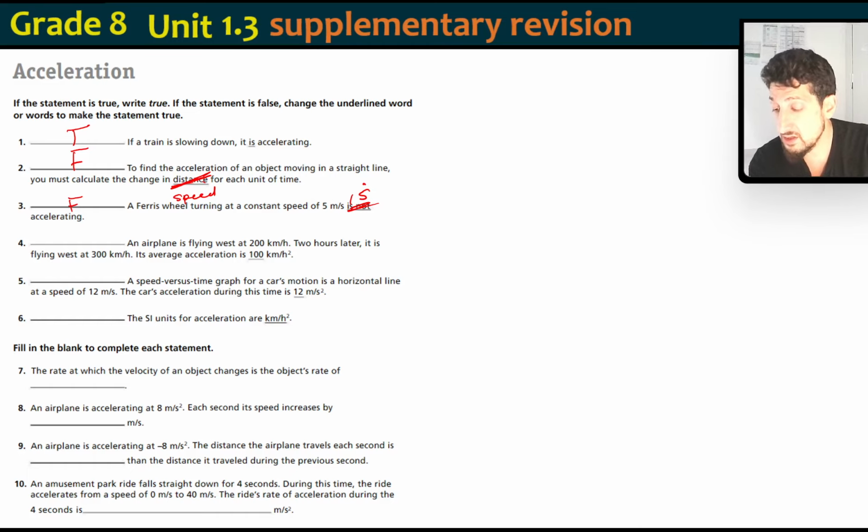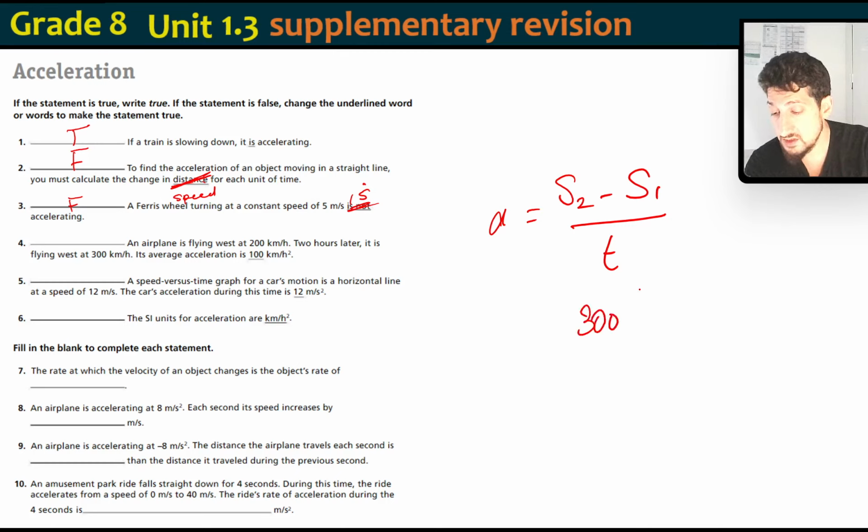Right, number 4. An airplane is flying west at 200 kilometers per hour. 2 hours later, it's flying west at 300 kilometers per hour. The average acceleration is 100 kilometers per hour. Is this true? Let's have a look. What is acceleration? Acceleration equals change in velocity, so it's the final speed minus the initial speed all over the time. What was the final speed? 300.